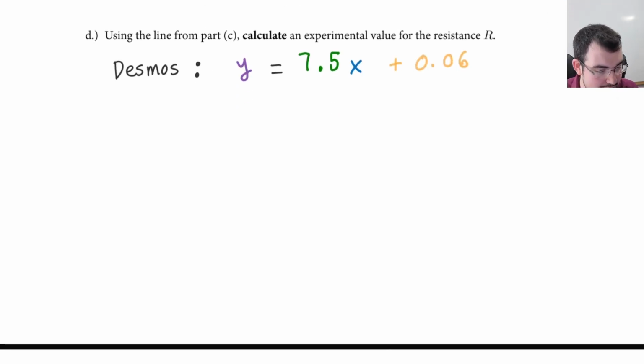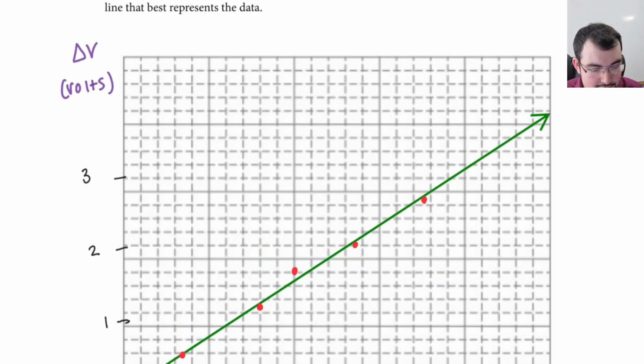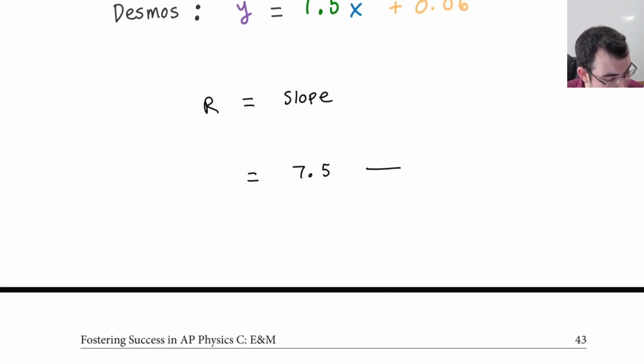And this is a really easy calculation for the resistance R, because we said that R was actually just the slope, which is equal to 7.5. The rise of our graph was volts, and the run was current, so it was amps.